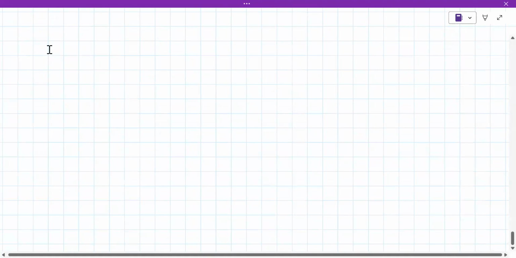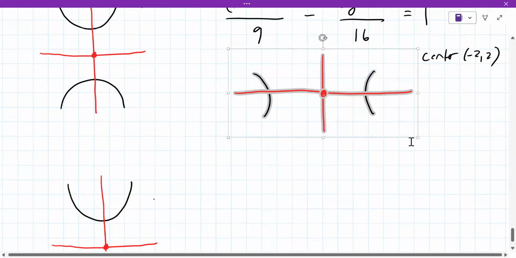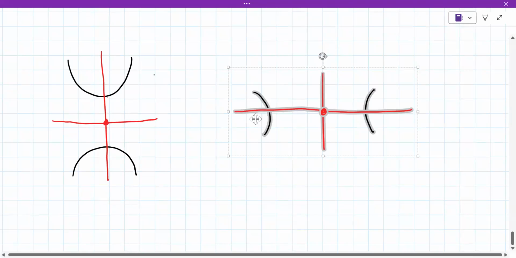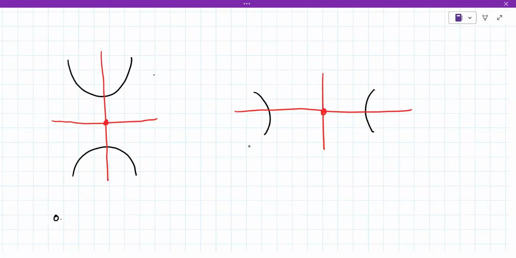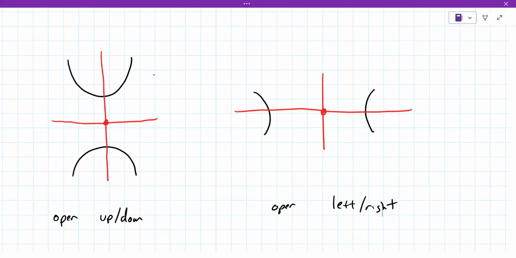So before we do 8, just like I was trying to show you here, there are 2 possibilities for hyperbolas. They either open up/down, or they open left/right. And the next problem asks you to determine that.